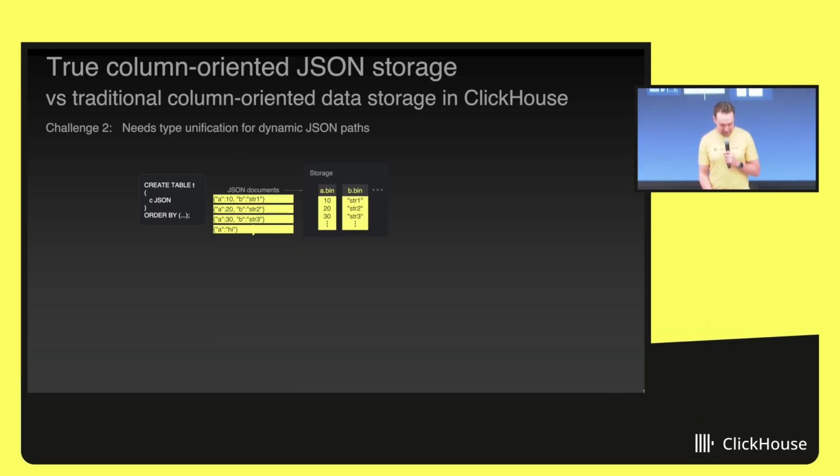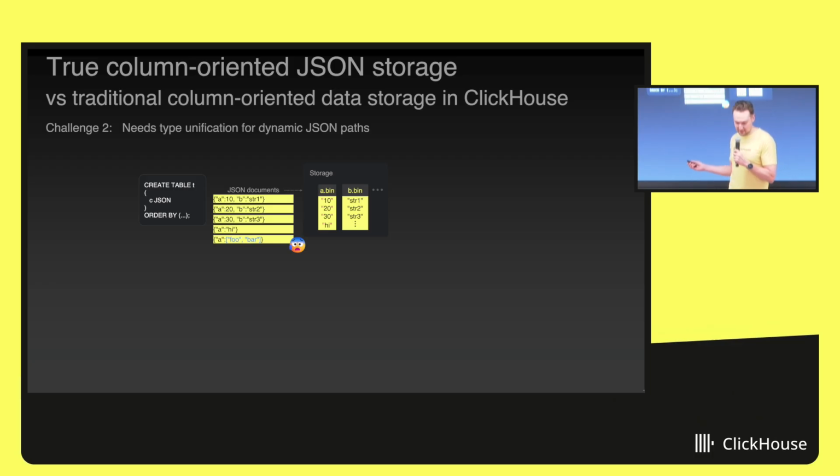What about different types? Let's take a look at this picture. So we have key A with integers in the first 3 records, with a string in the subsequent record, and then we have an array value in another record. And how to unify these data types?